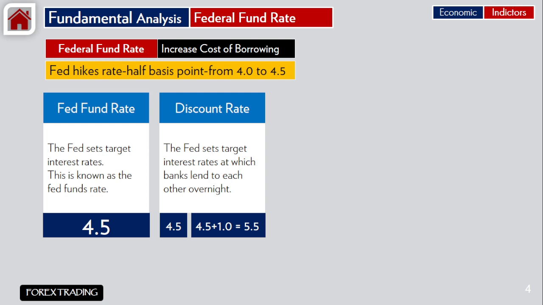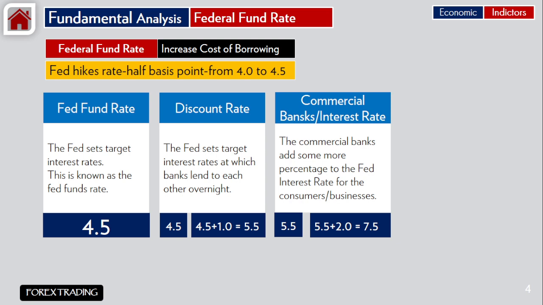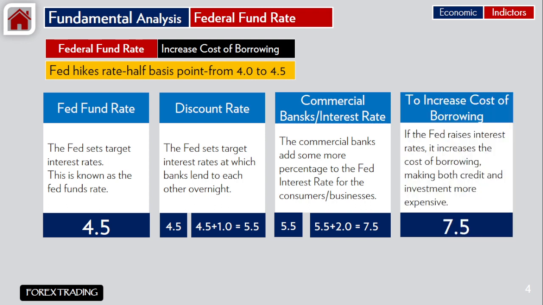That's called the discount rate. Then when banks give out money as loans to borrowers and other consumers, they add another 200 basis points on top of this 5.5, and it becomes 7.5. So this is what happens when you increase the cost of borrowing.